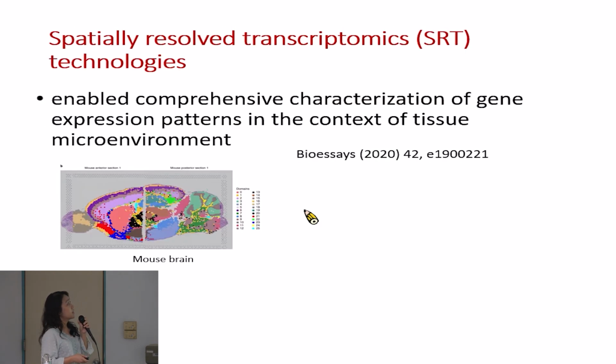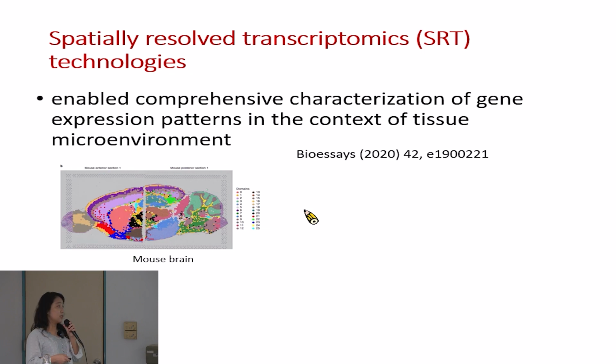And the spatially resolved transcriptomic, SRT, technology, which is a new technology, is enabled to comprehensively characterize the gene expression on the histology map, so we can know the gene expression pattern in the microenvironment.